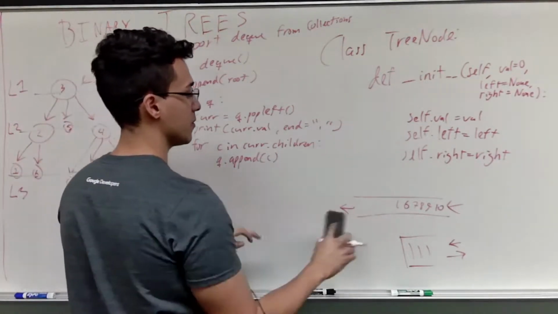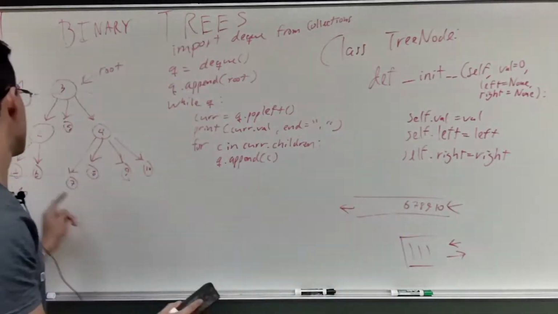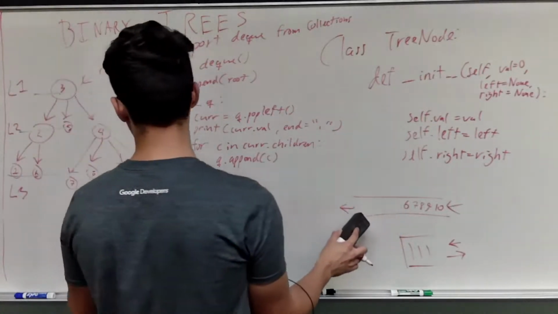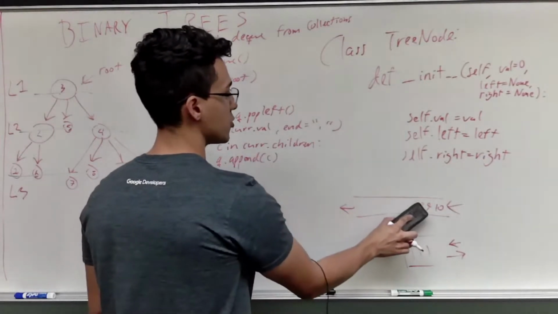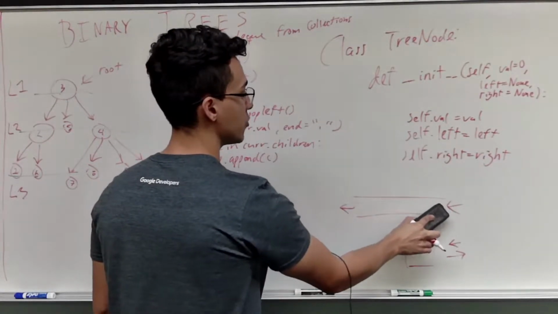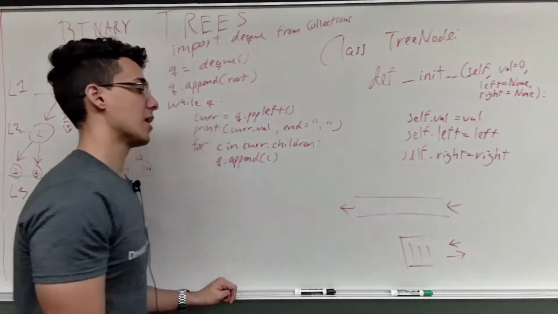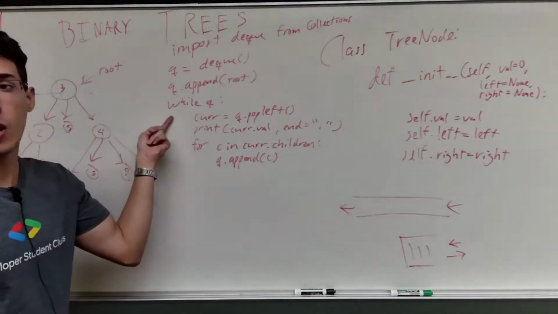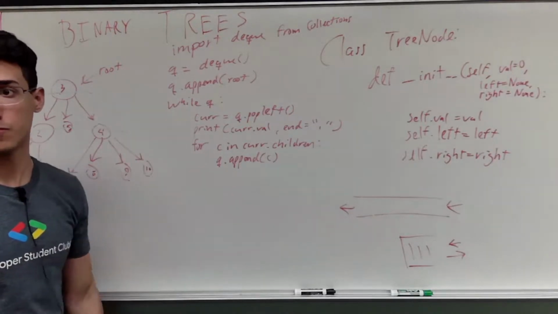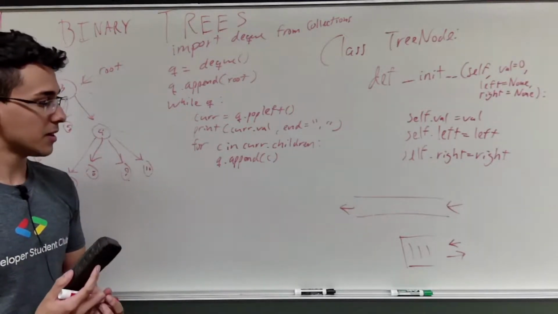So pop 1. No children. We don't add anything. 6 here, pop it. No children. 7, no children. 8, no children. 9, no children. 10. And now we don't add anything else. So now it's empty, and this while loop is done. It's escaped. Okay?